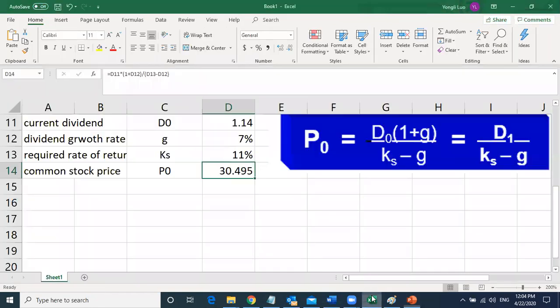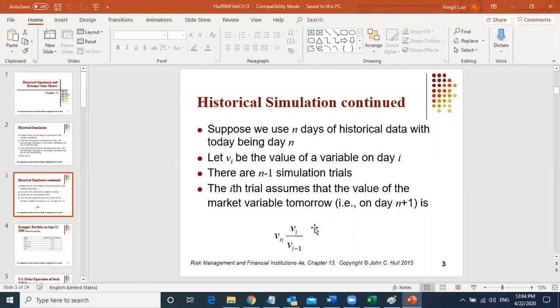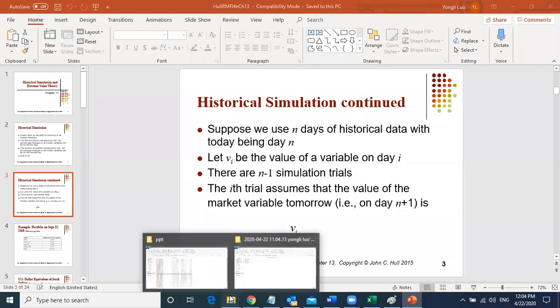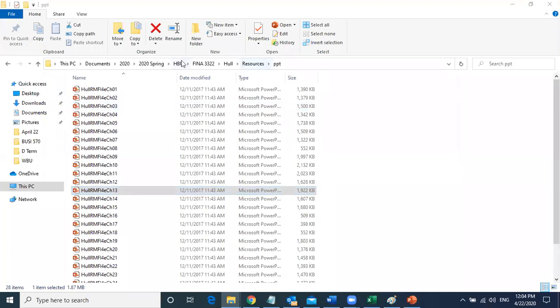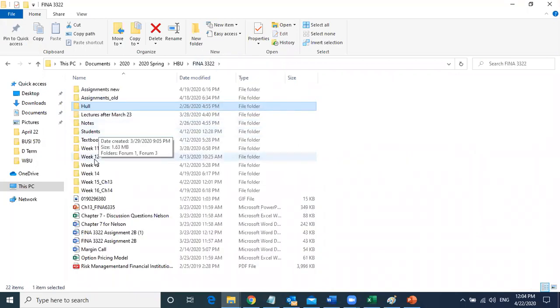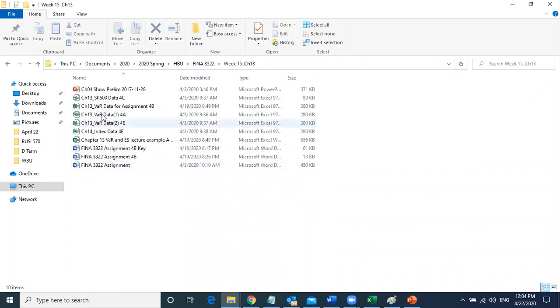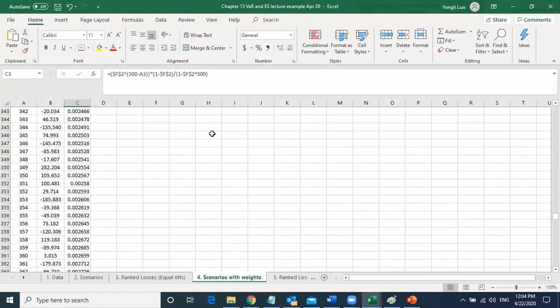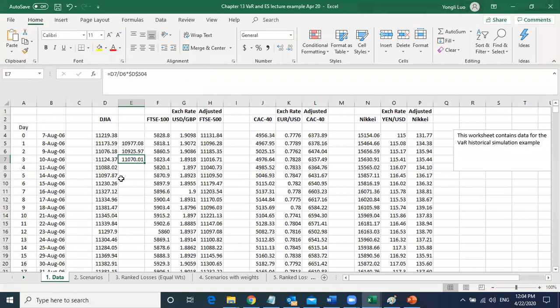We have a data set, the sample we have here. First we have the data.